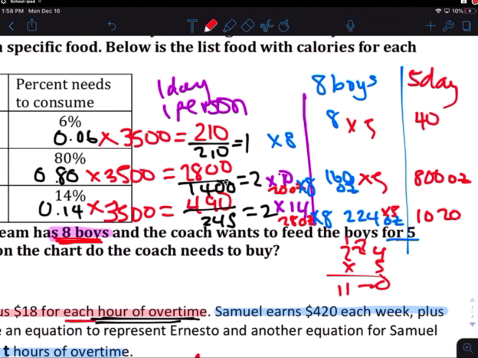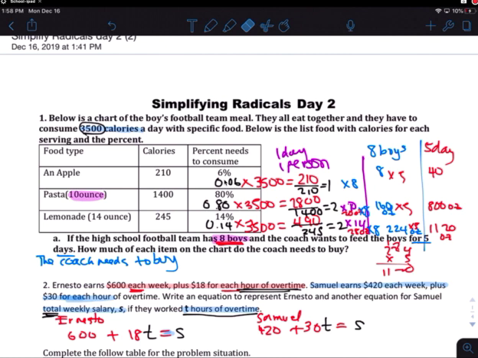Okay, 1,120 ounces of lemonade. Okay, so the coach needs to buy 40 apples, 800 ounces of pasta, and 1,120 ounces of lemonade.